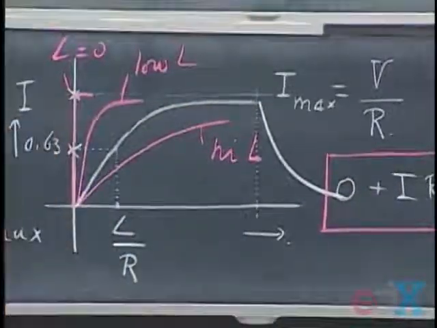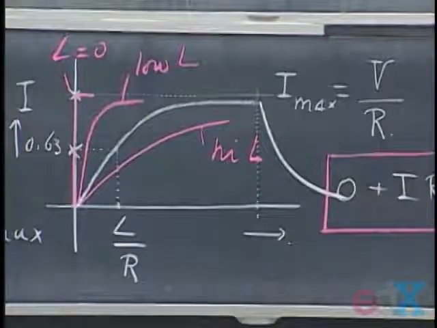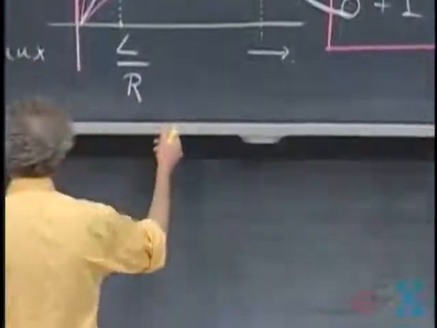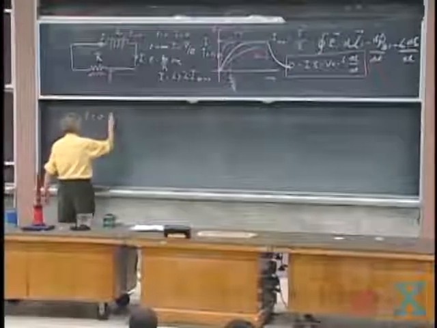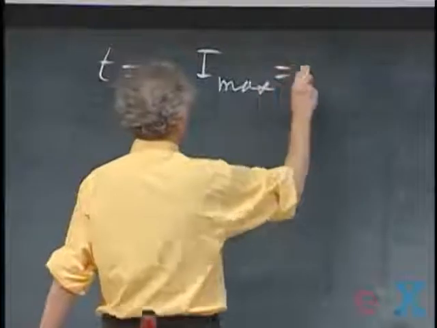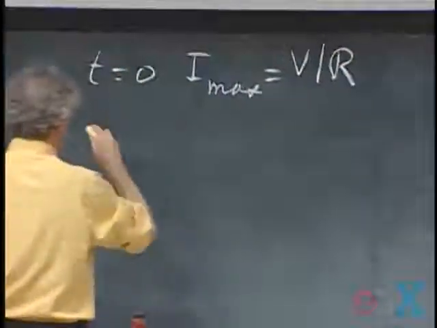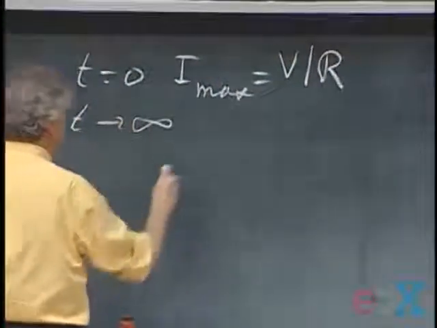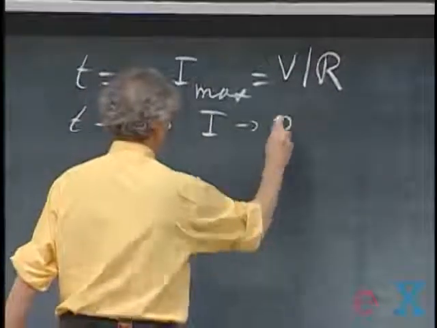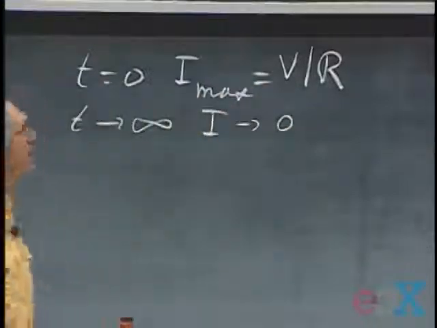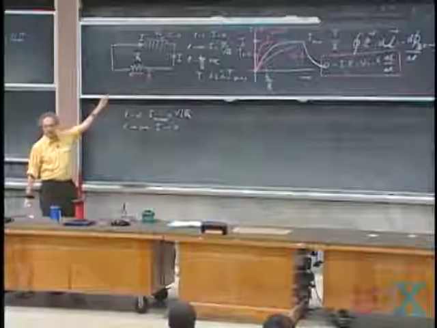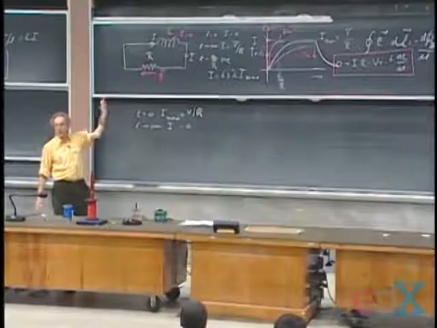And when you wait long enough, at t goes to infinity, so at t equals 0, the current is still maximum, so it's still V over R, but when you go to infinity, then of course the current has to become 0. And as the current dies out, heat is being produced in that resistor at a rate of I squared R joules per second. And then there comes a time that the current becomes almost 0, and then the whole show is over.